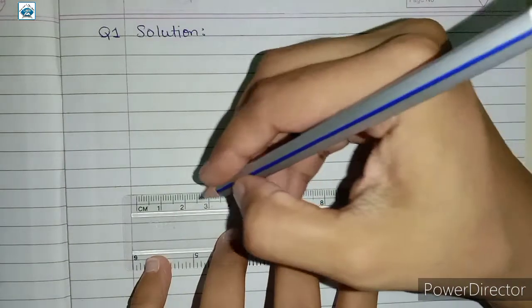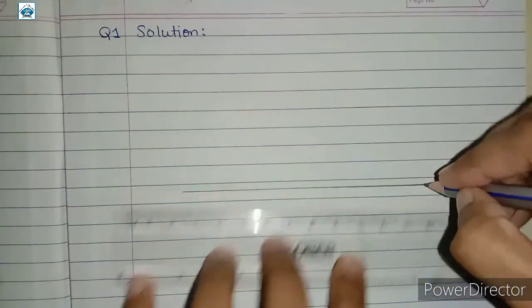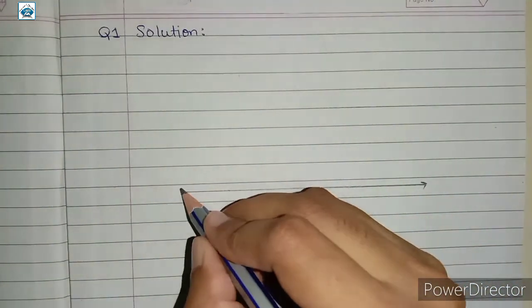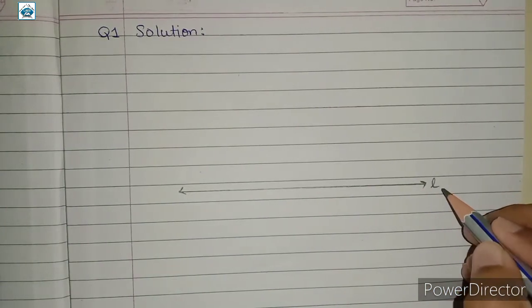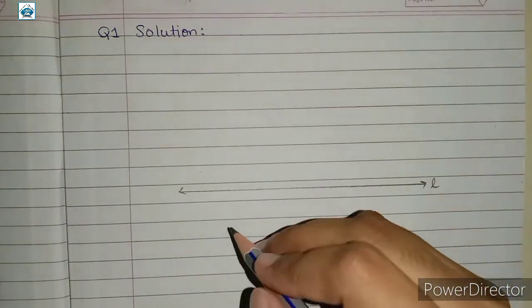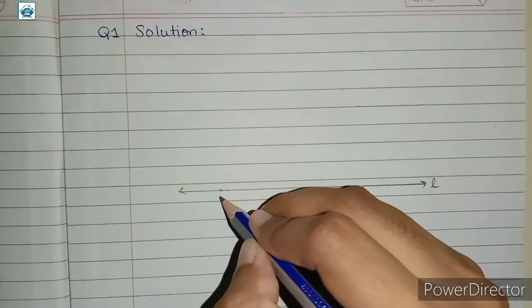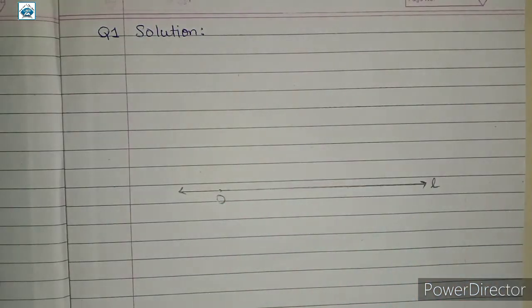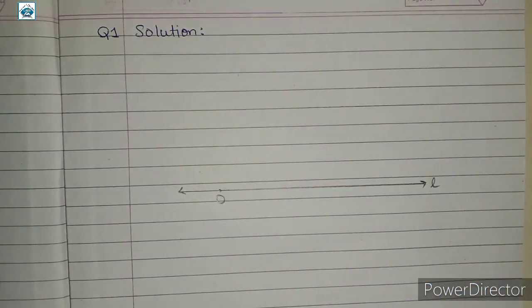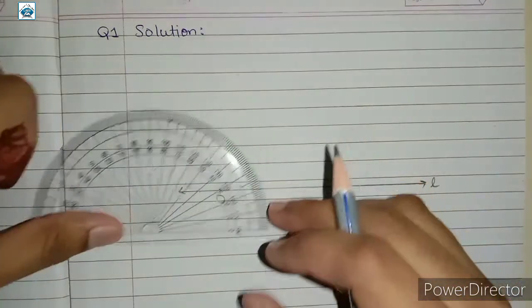So for that, let us draw a line and I am naming this line L, and after that you need to mark a point over here, point O. This will be the vertex of our angle. Now with the help of a protractor you need to draw an angle POQ.